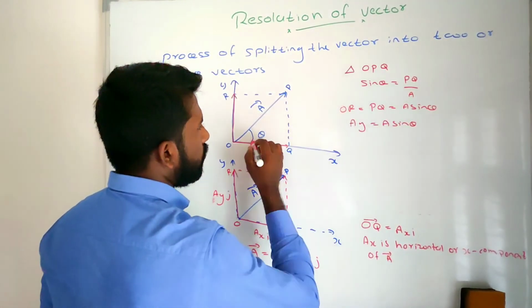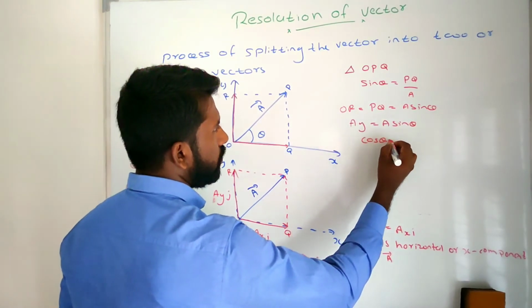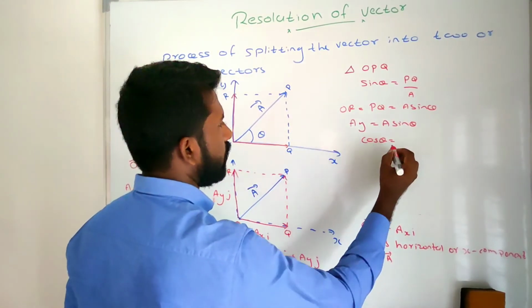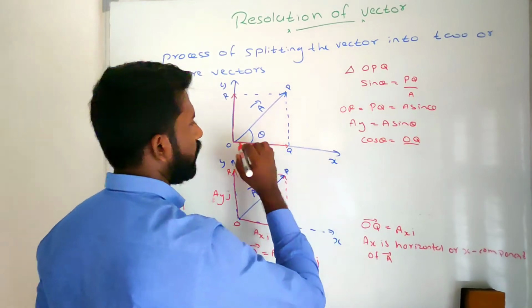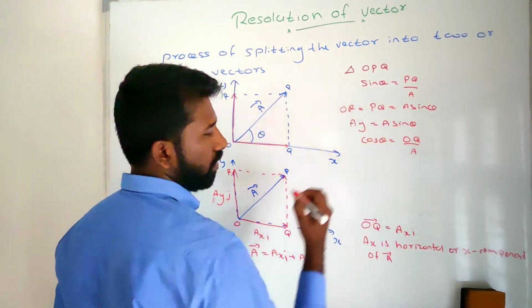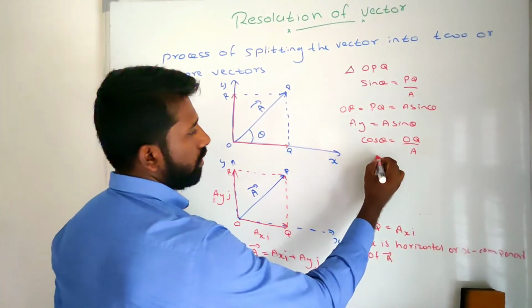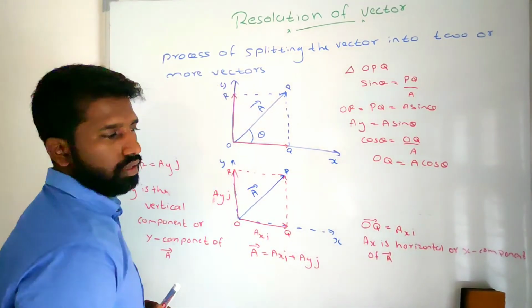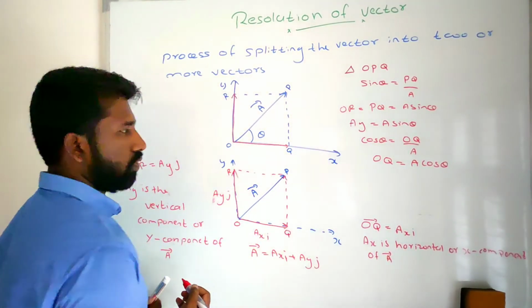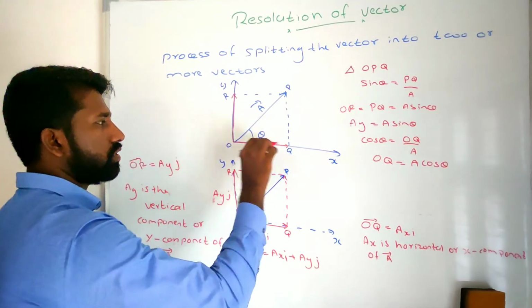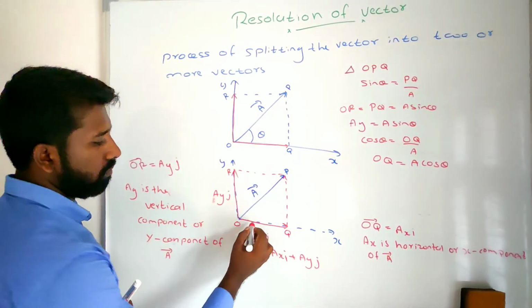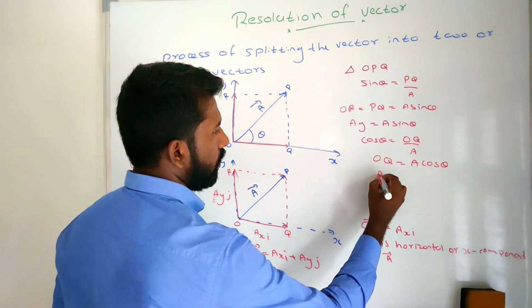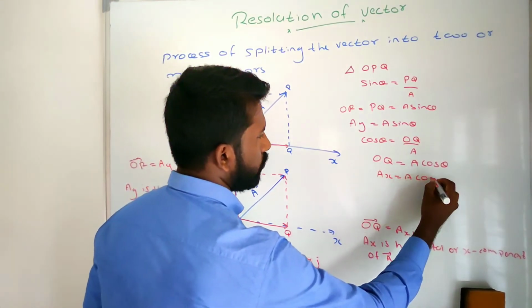Then what about cos theta? Cos theta is equal to the adjacent side, that is OQ, divided by the hypotenuse, that is the magnitude of the A vector. Then OQ is equal to what you will get? A cos theta. Okay, then what about OQ? OQ is which component? That is the horizontal component magnitude. So AX is equal to A cos theta.